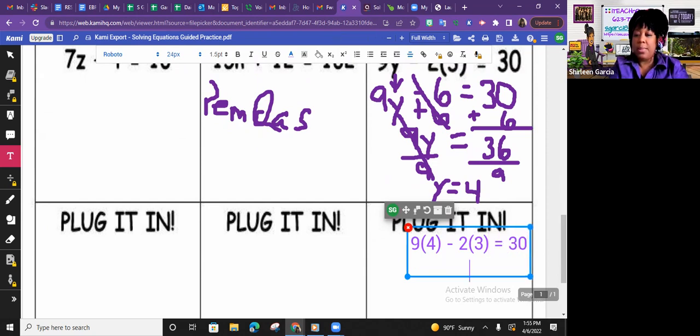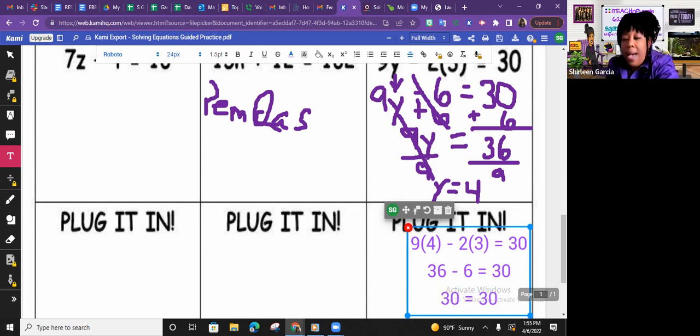Let's clear those parentheses. 9 times 4 is 36. Minus 2 times 3 is 6 equals 30. 36 take away 6 is 30, equals 30 on both sides. So is that correct?